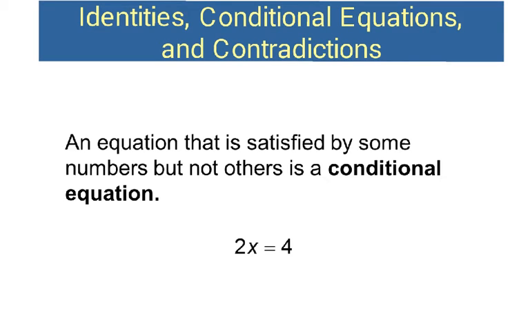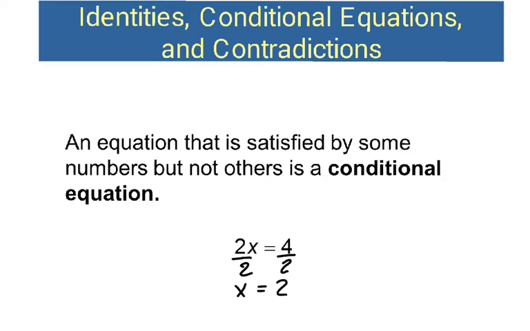Next we have a conditional equation. A conditional equation is what you are used to solving in the ways of equations. Whenever you have a conditional equation, you have a solution for your x value. So just like this simple example here, if I were to divide both sides by those 2, I end up with x equals 2.